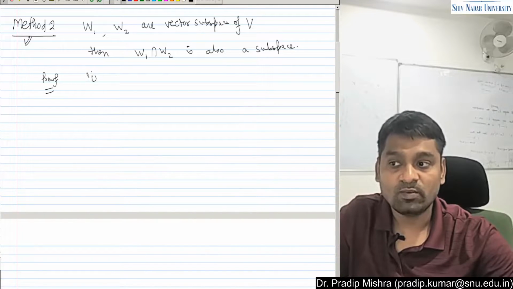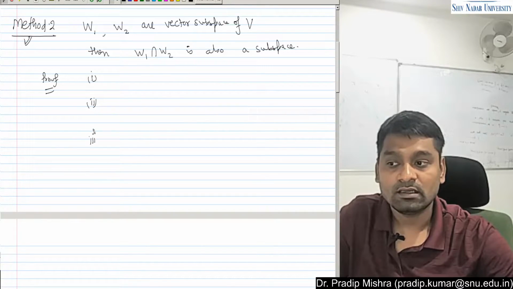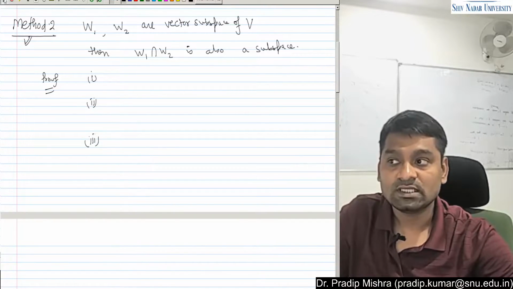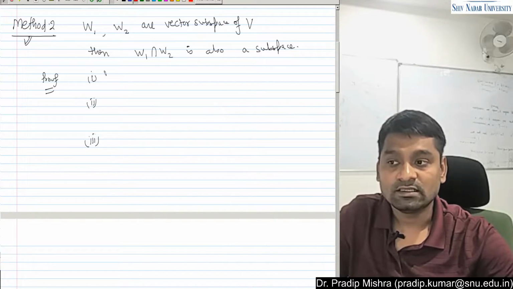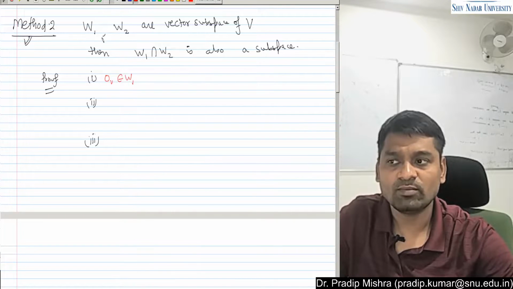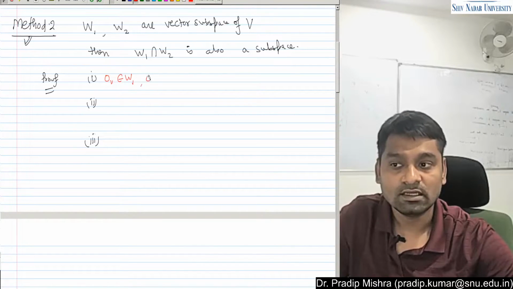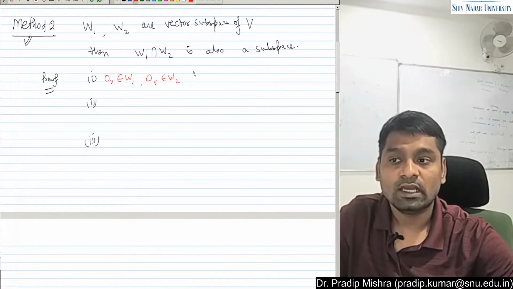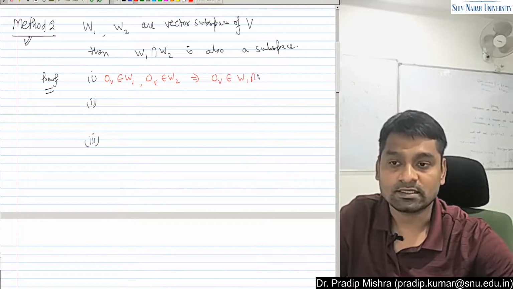You have to check three properties. First, you will say: since 0V belongs to W1, because W1 is a subspace, and 0V belongs to W2, this implies that 0V belongs to W1 intersection W2.